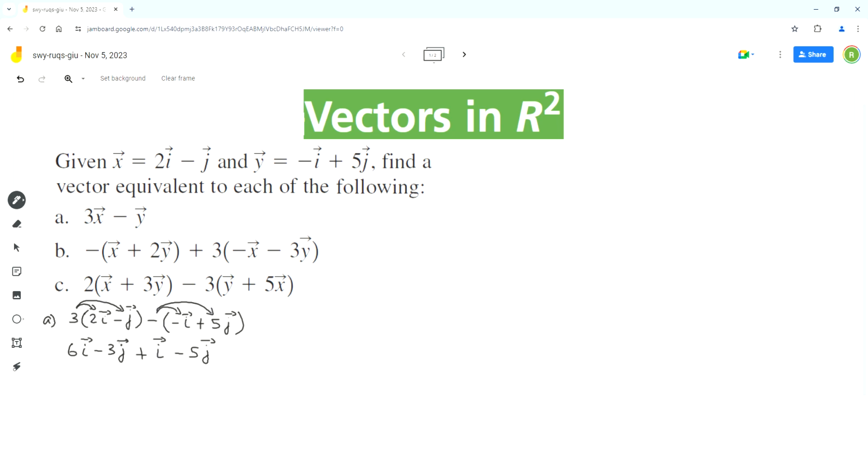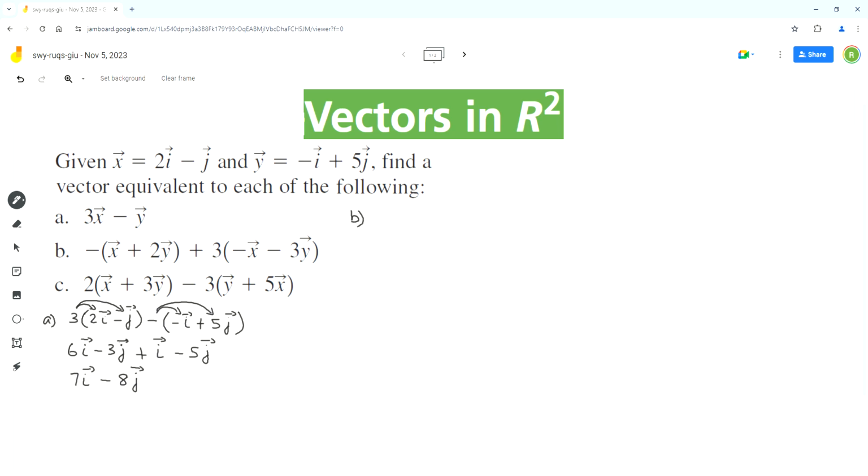And then we get negative 5 because we did negative 1 times positive 5. Now we can combine the i and the j terms. So 6i plus i is equal to 7i, and negative 3 minus 5 is negative 8. So this should be the final answer for part A.